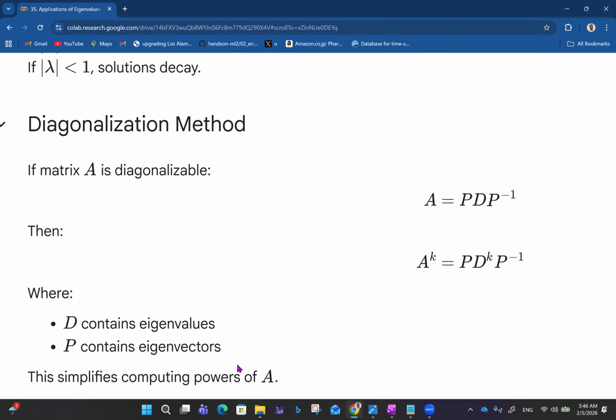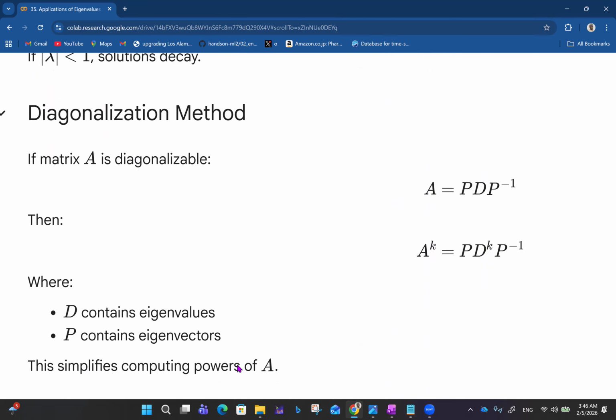Then we go ahead to talk about the diagonalization method. If matrix A is diagonalizable, then we can say A is equal to PDP inverse. We saw that under video 33. We also saw that if you can diagonalize the matrix, we can easily raise the matrix to any power without going through too much hassle.